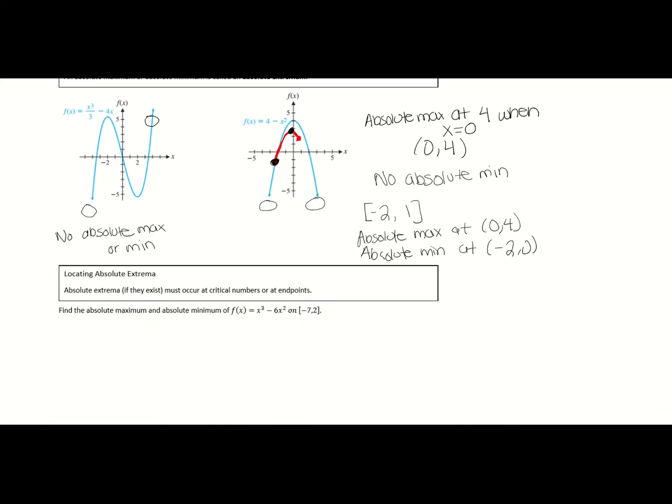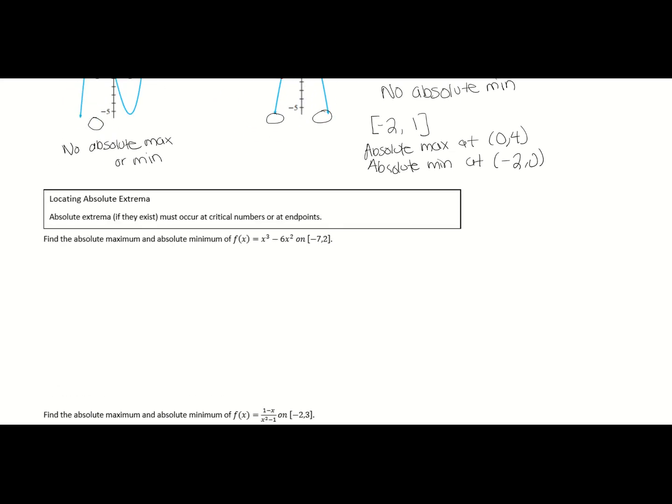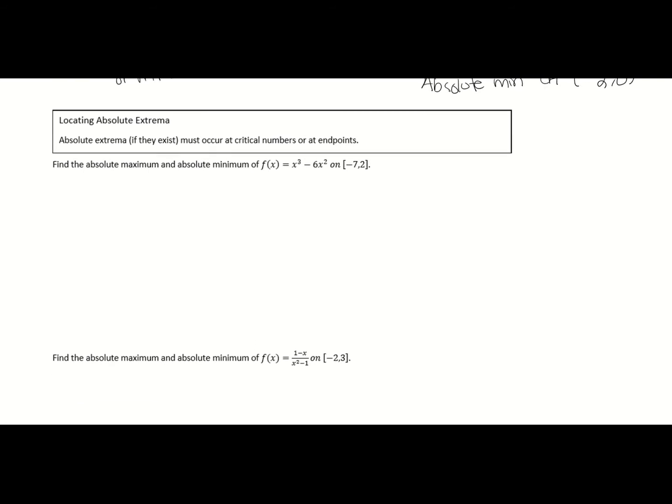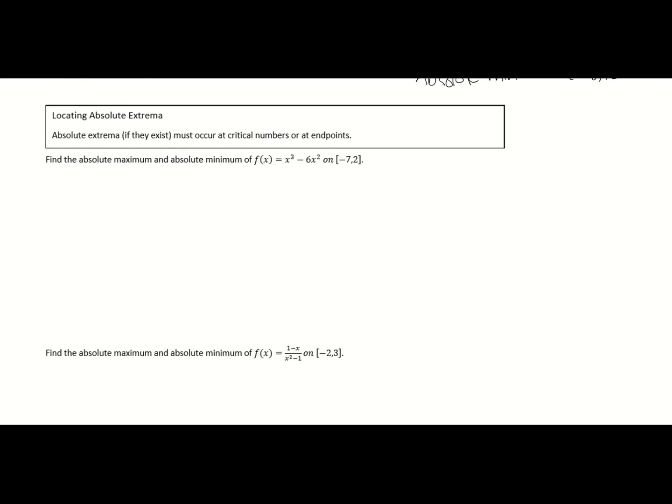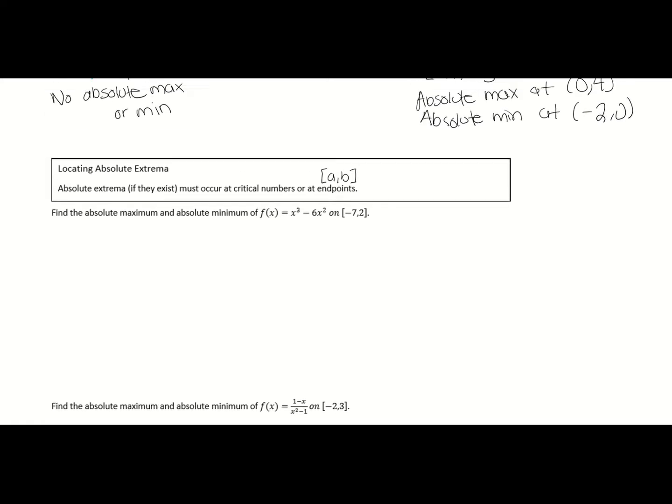So how are we going to locate where the absolute extremas happen? So if they exist, they have to happen at critical numbers or at the endpoints of the interval, right? Because remember, now you're going to be given an interval, a comma b, and so it has to happen either at the endpoint, which you saw above, right? That's exactly what happened in our parabola here.